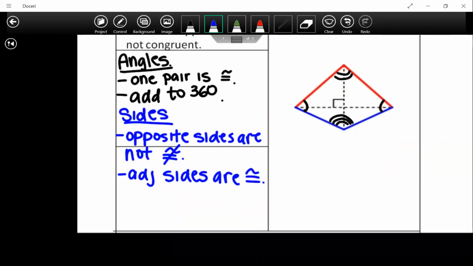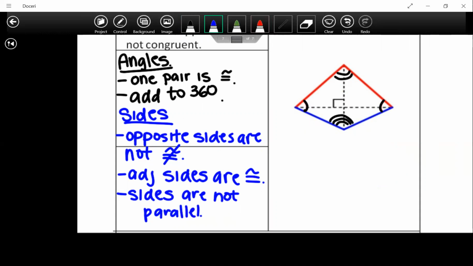And then the last part that we want to say is sides are not parallel. Okay? And I'll mark those in right now.